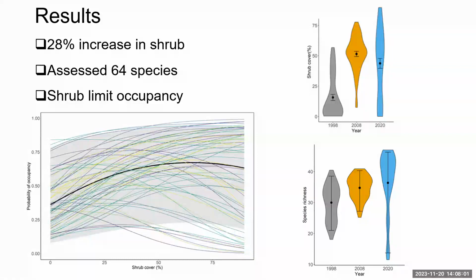So what we see here is that with increase in shrub cover, we tend to see a huge variation in species responses. But when you look at the community level, focusing on that dark line there, we tend to notice that it tapers and actually goes down a little bit with increase in shrub cover. So at the community level, we can say species occurrence starts to decline with increase in shrub cover.